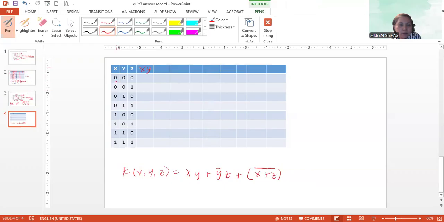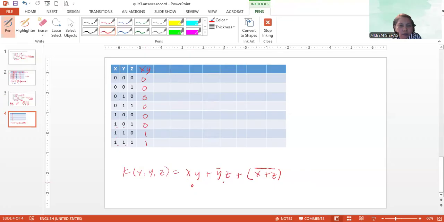So the combination here, inputs 0 and 0 is equal to 0, 0 and 1, 0, 1 and 0, 0, 1 and 1, 1. Okay, so we are done in this term.